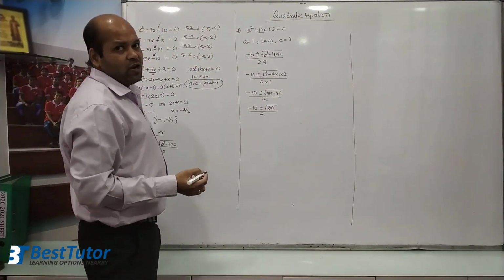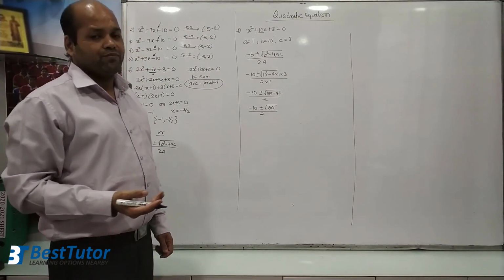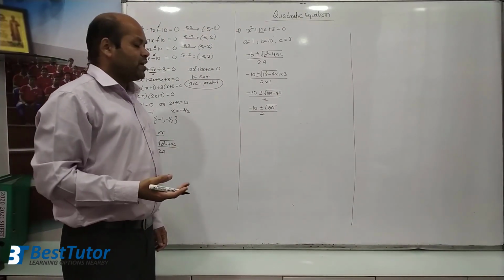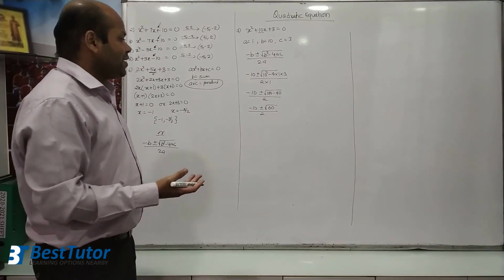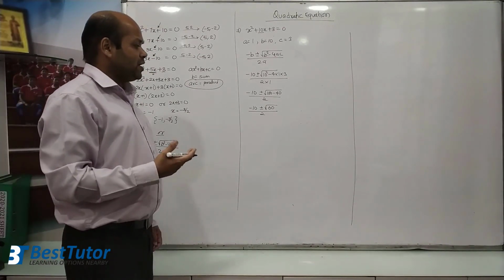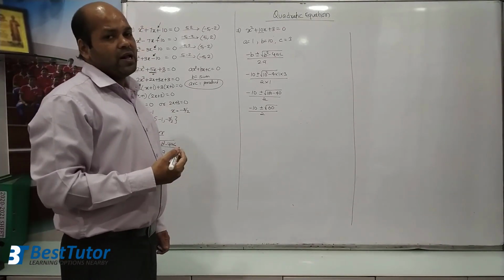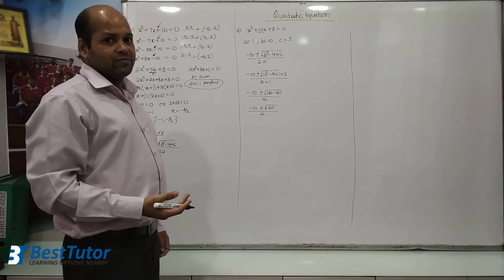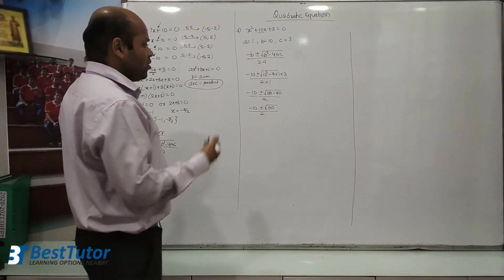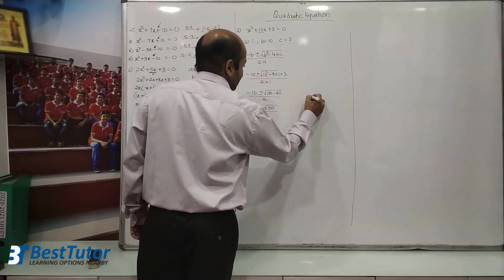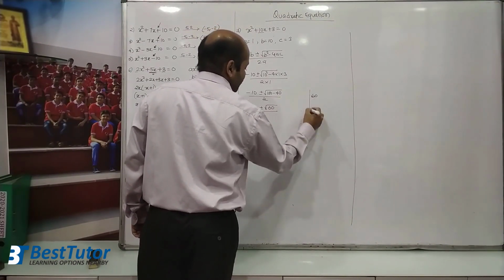I get minus 10 plus minus root of 88 divided by 2. Is it a square value? No. So how can I simplify it more? One way is you may leave the answer directly in the root, or else you need to factorize. You can do it orally or I'll do the factorization here. How do I factorize?